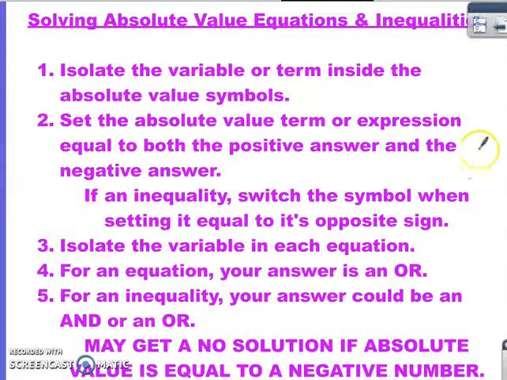All right. Solving absolute value equations and inequalities. First, you're going to isolate the variable or term inside the absolute value symbols. So if I have the absolute value of x plus 3, but on the outside I have -3, I have to isolate this absolute value of x plus 3.